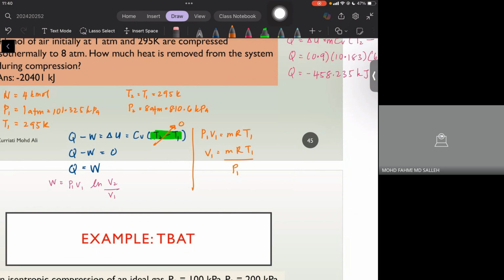We have the value for P1, and we have the value for T1.